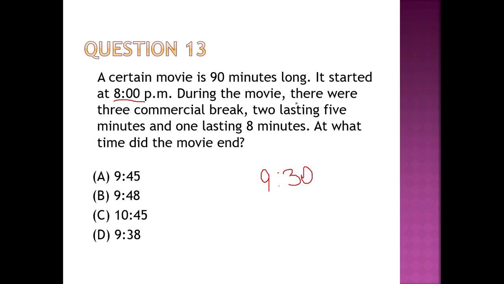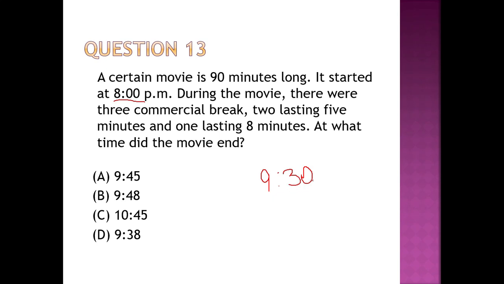But during the movie, there were 3 commercial breaks. These commercial breaks will extend the duration of the movie. So we have to add these commercial breaks to our time, and then we'll arrive at the time that the movie actually ends.